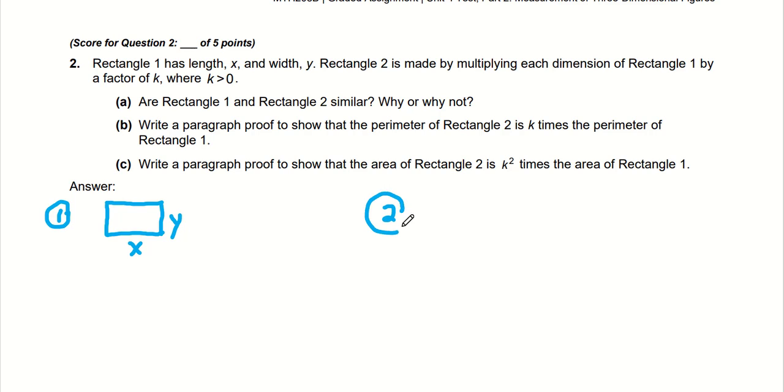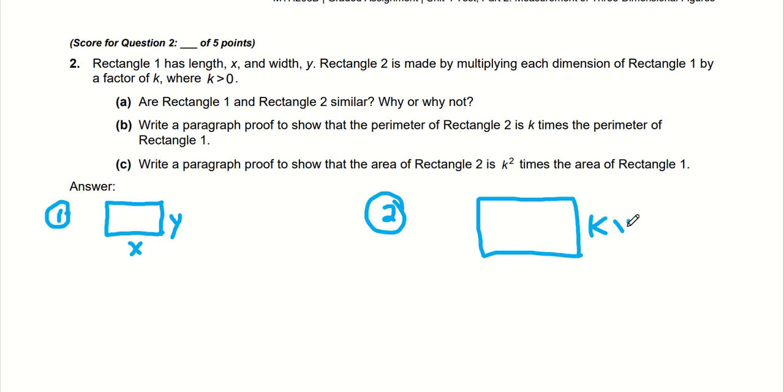I'll sketch a larger rectangle. And we get the length and the width by multiplying the original dimensions x and y by a factor of k.